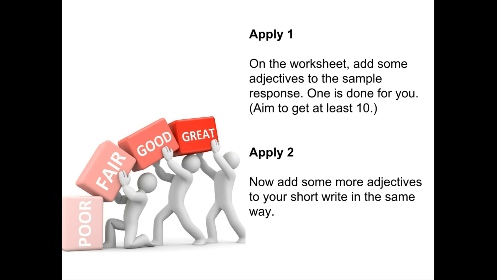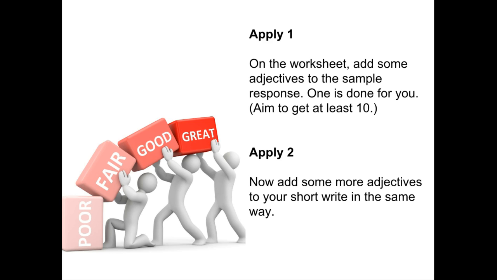If you're accessing this on ALO, Activate Learning Online, down below there is a worksheet that has a longer version of that level 1 sample response that we were just reading. Add some adjectives to that sample response. The first one is done for you. Try to get at least 10. If you're looking for a goal, the high score is 19 places to put an adjective.